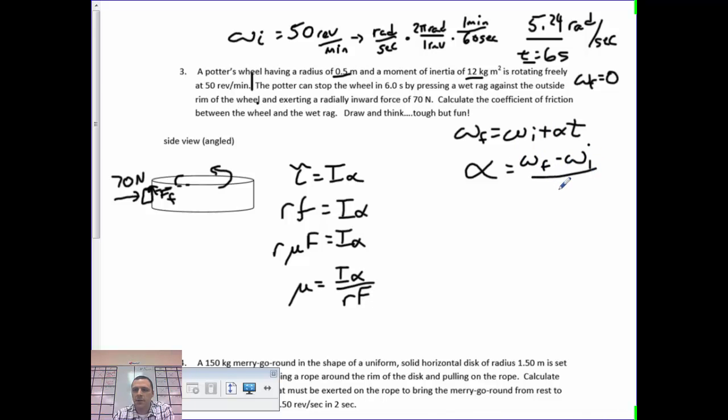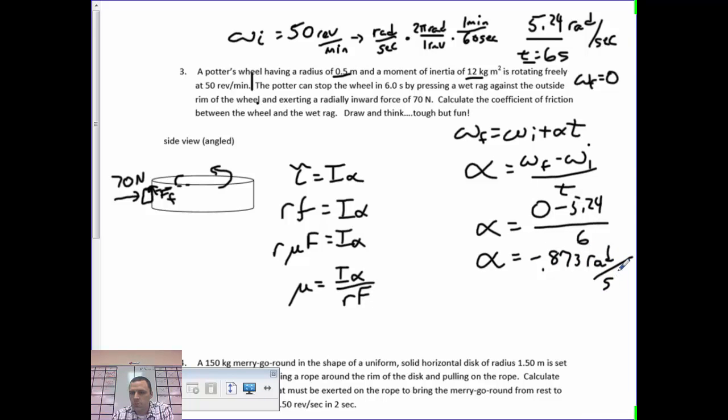It's going to end up being omega f minus omega i divided by t. Omega f is 0 minus 5.24 divided by 6. The angular acceleration is negative 0.873 radians per second squared.